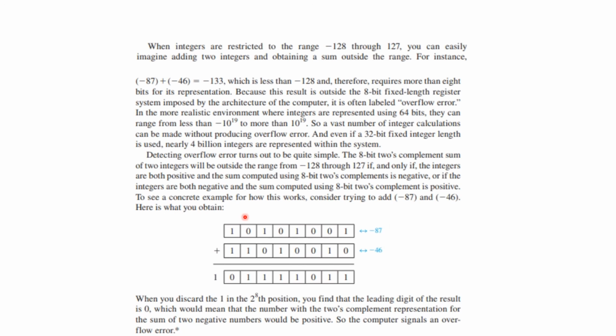You can detect overflow pretty easily because here, as an example, if you're adding two negative numbers, you would get minus 133, which falls outside of the range that we have. But when we discard this, we say, oh, we took two negative numbers, added them together, and got a positive. The computer recognizes that as an overflow.